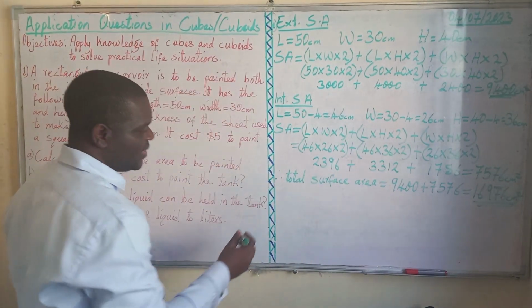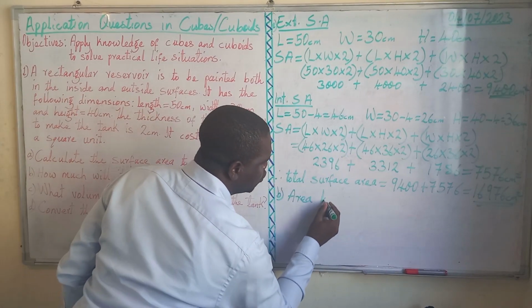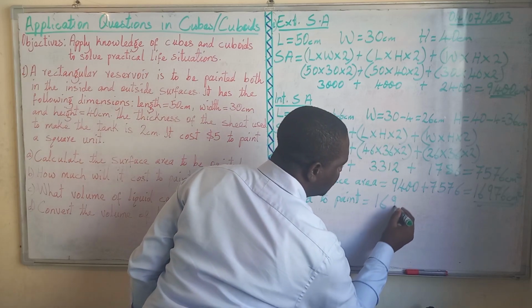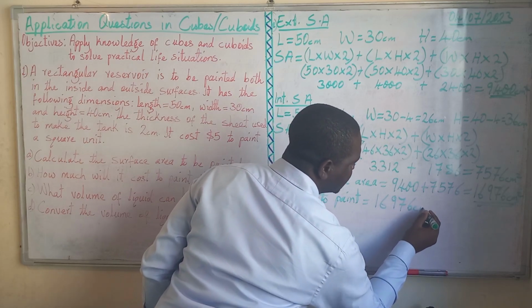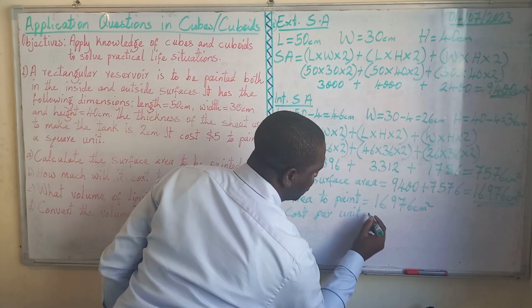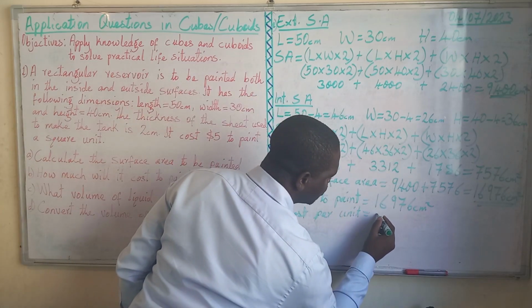Let's do that practically. B, area to paint, is equal to 16,976 centimeters square. Cost per unit, or per centimeter square, is equal to $5.